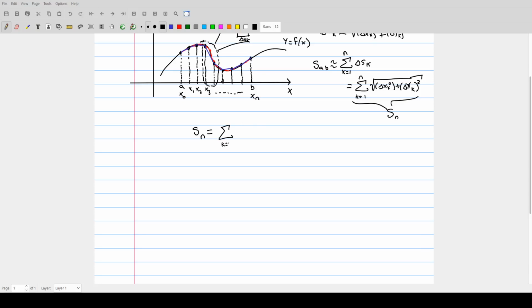So the first thing that I can do is factor out the delta xk squared under the square root. That's delta xk squared times 1 plus delta yk over delta xk squared. I make the square root a little bit longer so you can fit the entire expression in right here.